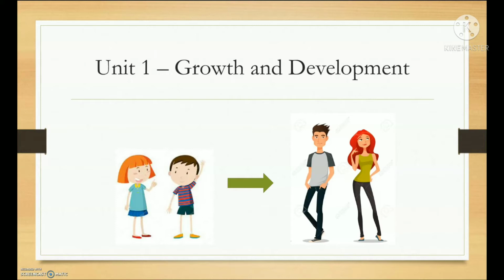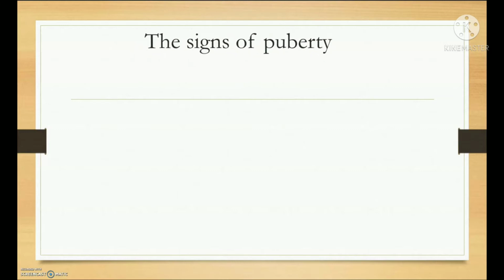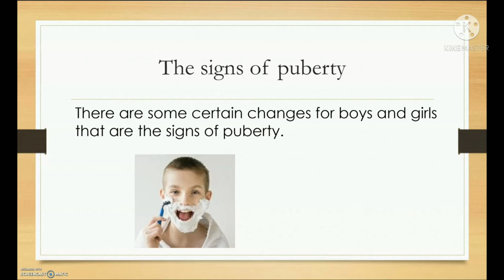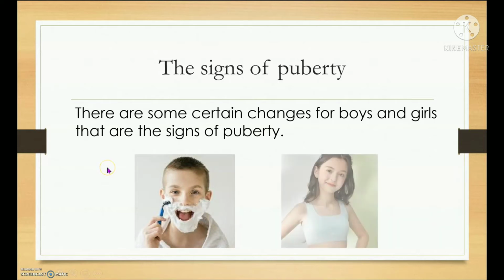So please get your books and open it on page 3. So if you were there, let's start reading the first paragraph. Please repeat after me. There are some certain changes for boys and girls that are the signs of puberty.